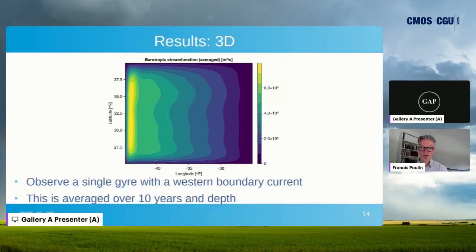So it's averaged in depth, and I believe this is averaged over the last year. And we do see that there is a peak on the left, which corresponds to western intensification, and therefore means that we have a western boundary current. In this region, we would call it the Gulf Stream.